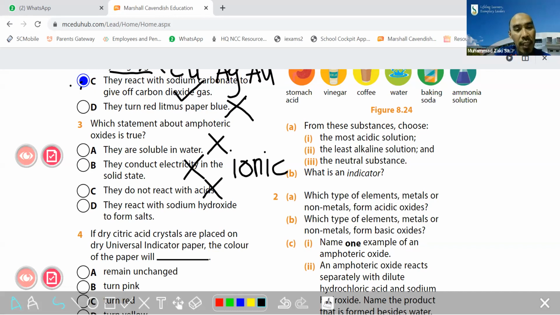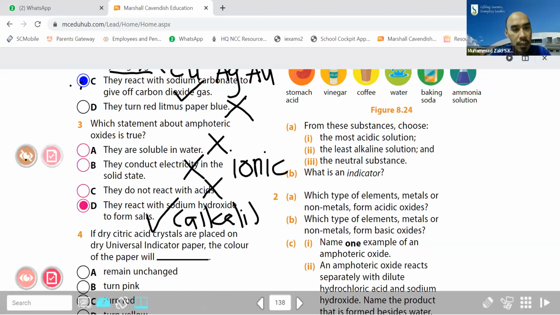They react with sodium hydroxide, an alkali. Will they? Yes, of course, because amphoteric oxide reacts with both acid and alkali. So this is the answer. All right, answer D.